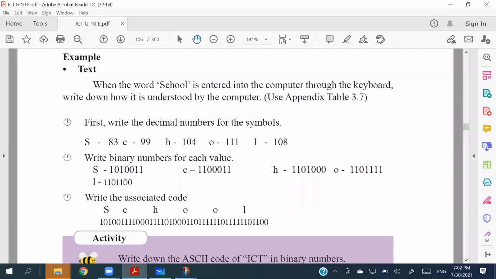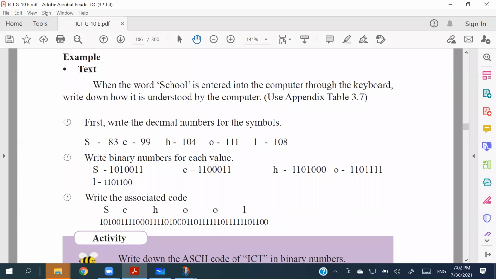So in your examination, you will be getting these kinds of questions, like asking what is the ASCII code of a particular letter, and you will be asked to create the ASCII code for a particular word, right? So you should be able to identify the ASCII values of the letters.